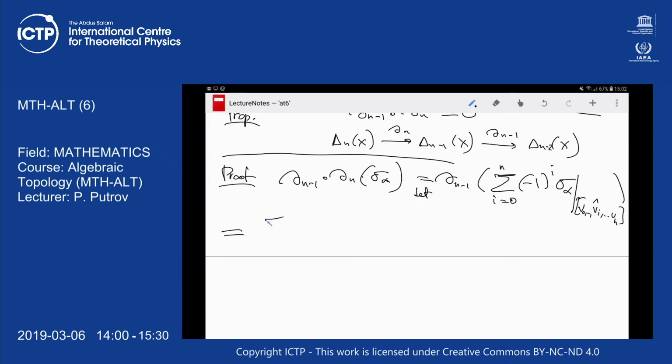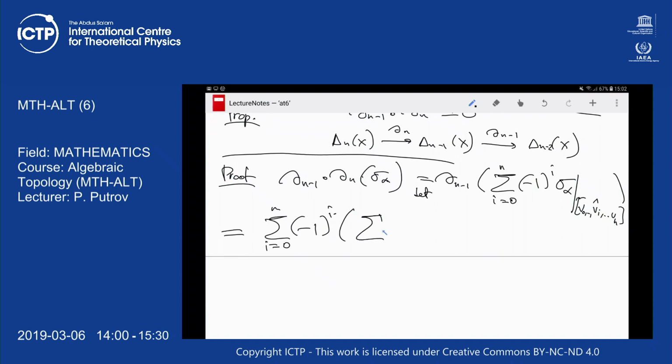And then, we can use linearity and apply this map to this term again, which means that in this subsequence we want to remove another vertex.